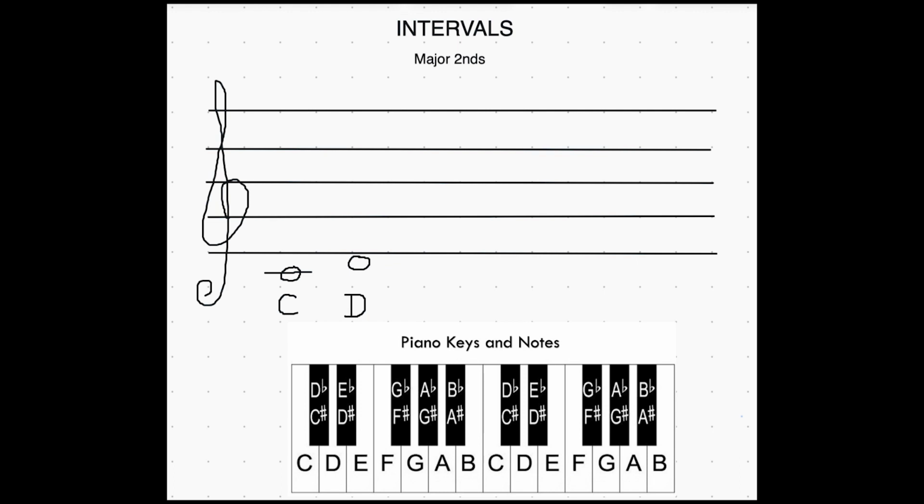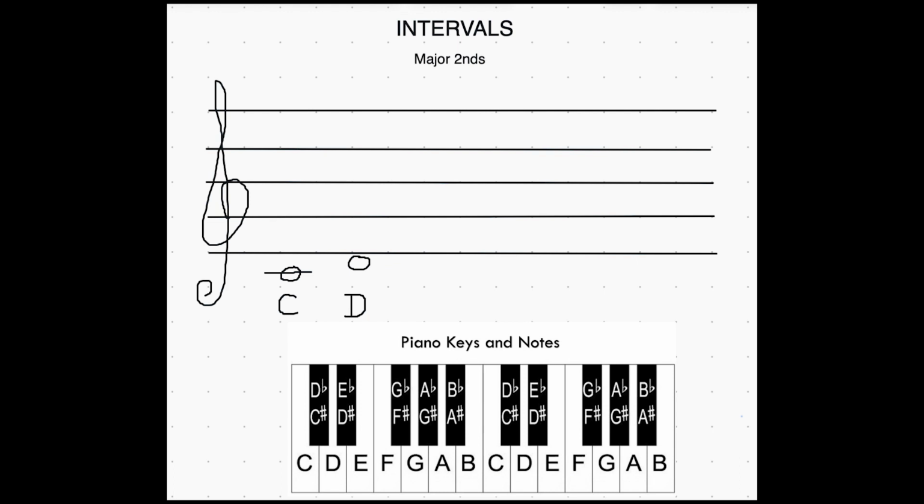Now, looking at the piano, we can see that there's a couple of notes where there isn't a black note. See if you can find them first. Okay, so E to F doesn't have a black note, and B to C doesn't have a black note between the notes. So E to F is a semitone, and B to C is also a semitone. They're what are called half steps again, because they don't have a black note there.